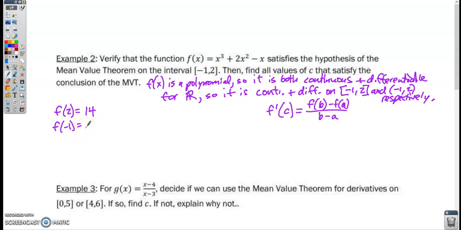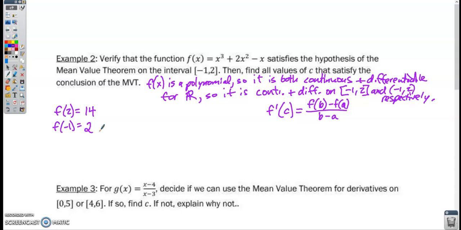I substitute -1 in there. That's -1 to the third is -1, plus 2 plus 1. That should be positive 2. Is that right? Yes.